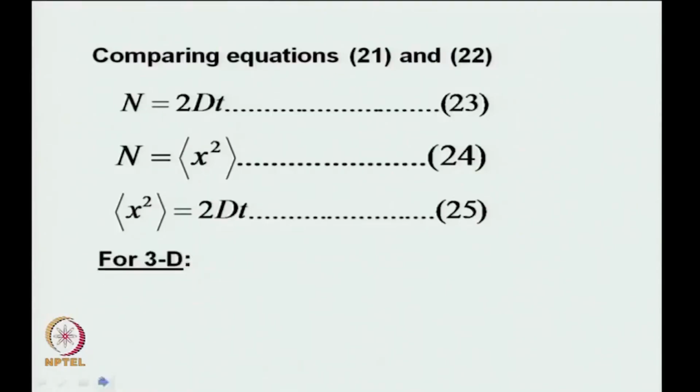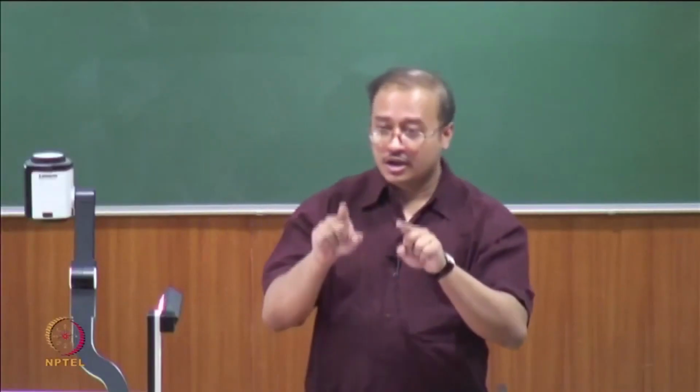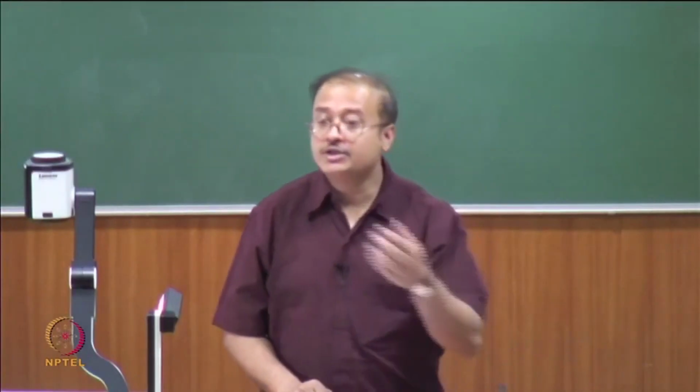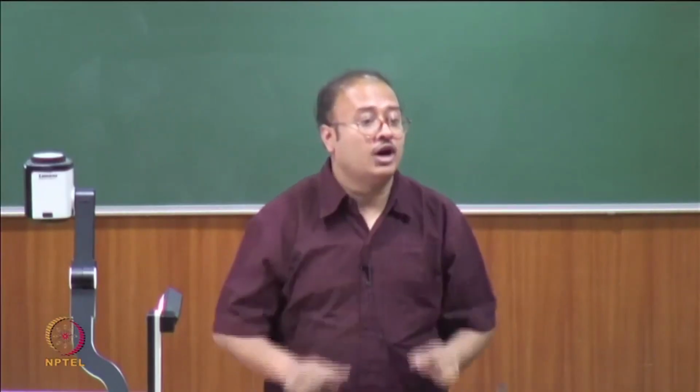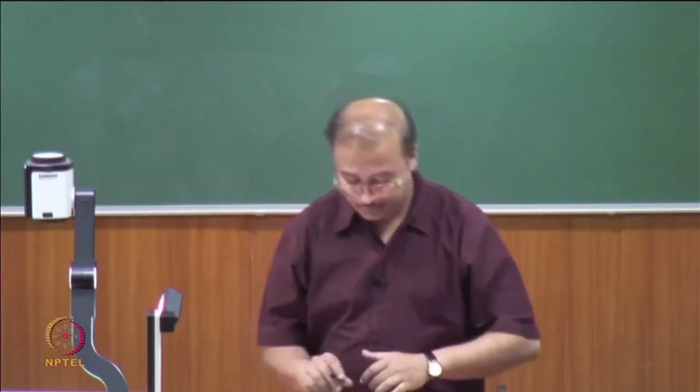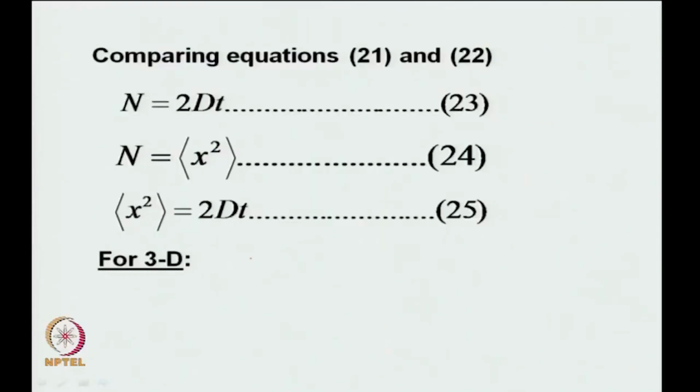Okay. So, for 3D what will happen? If you take 3D coordinates, instead of x you represent it by r. Now, the average of r squared is equal to what, you tell me. For 3D, r squared is equal to x squared plus y squared plus z squared, right, and x, y and z are independent of each other.